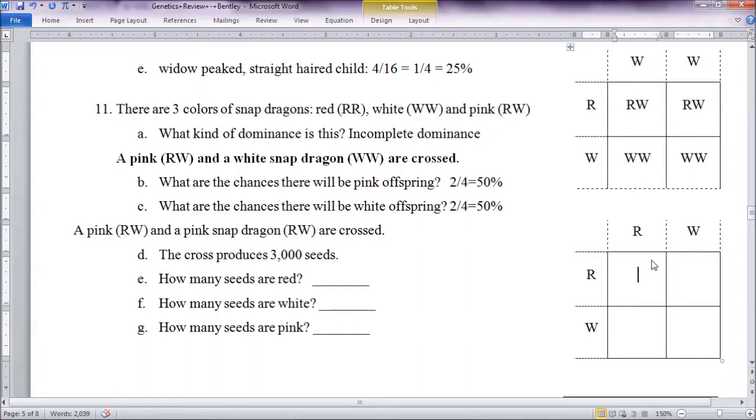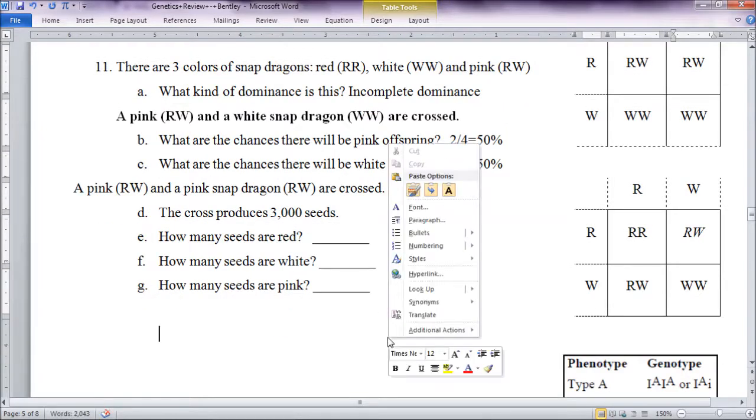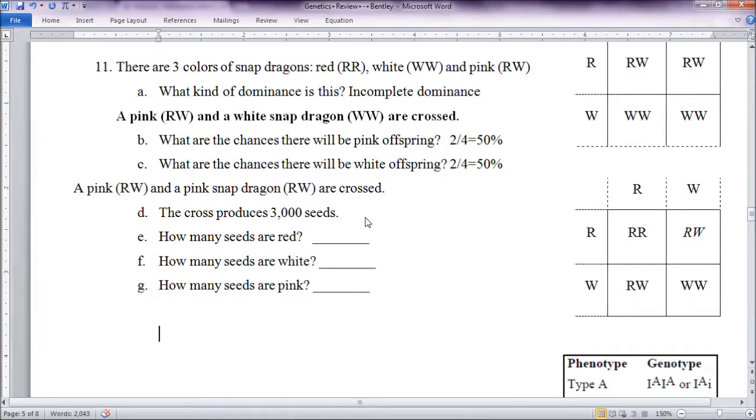So you cross those, you get 2 big R's, an R and a W, an R and a W. Oh, that's a T. R and a W, and 2 W's. So that's pretty funny. You cross a pink and a pink, and it produces 3,000 seeds. So how many seeds are red? So of these, 1/4 are red.